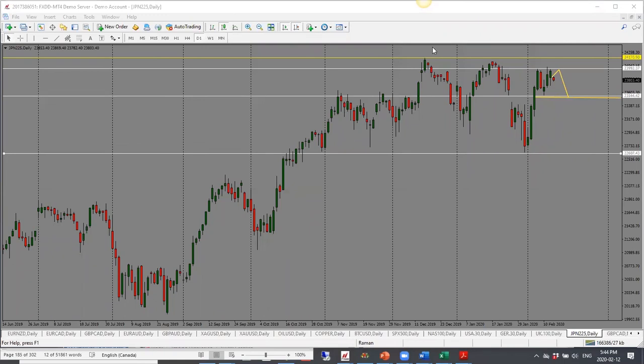So this one is more on the neutral side because it's still in this range. Now, should it break through the range, then I'm looking for 24,170. For now, though, this is neutral, and I will look for a move back down towards 23,500.